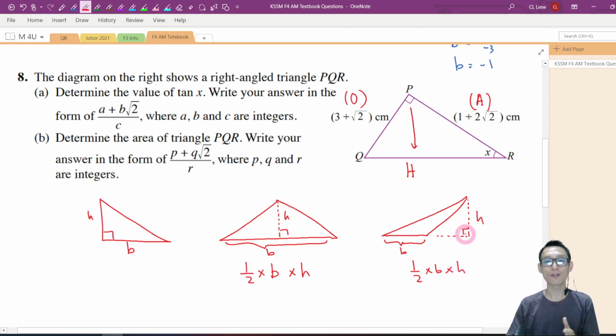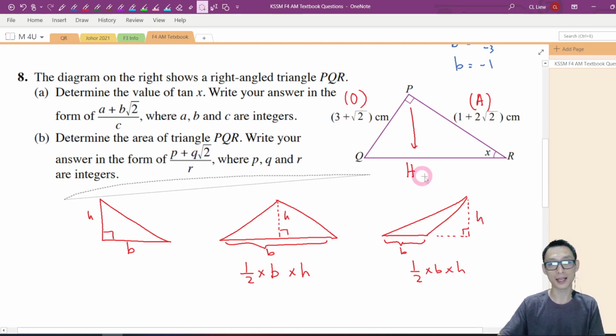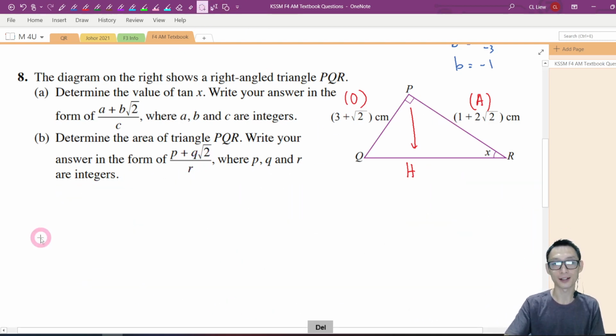Okay, so now I'm going to use this formula to help me to get the area of this triangle. 1 over 2 times the base length times the perpendicular height.